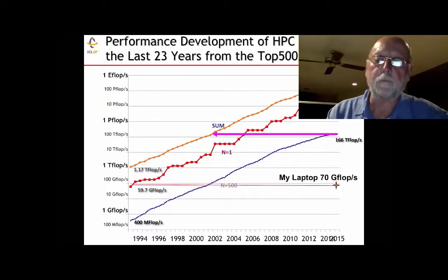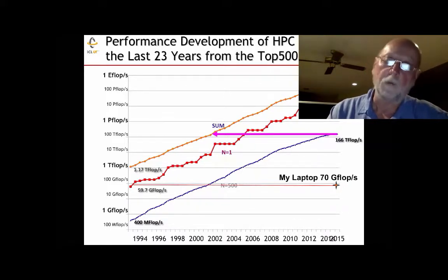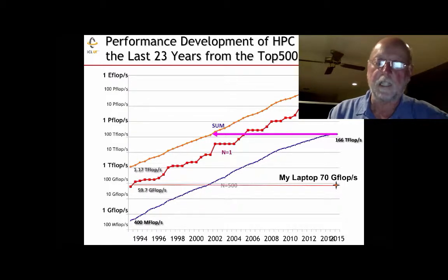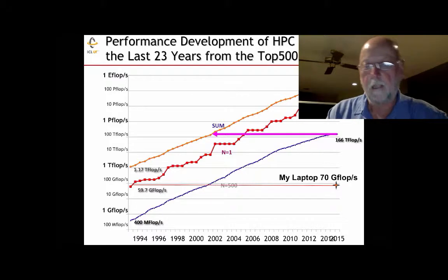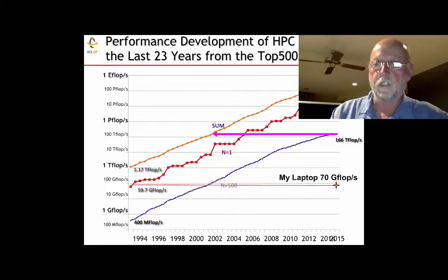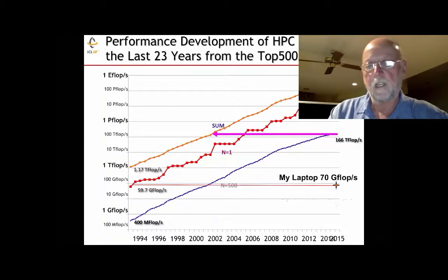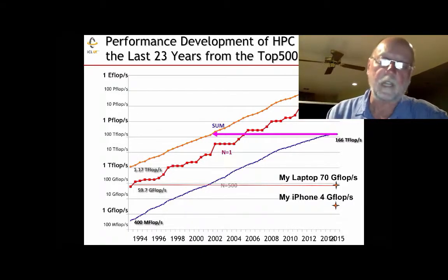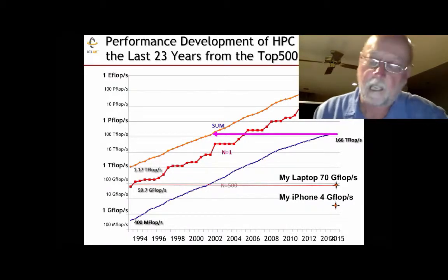And when we look at that performance, that's faster than the number one machine back in 1993. That number one machine in 1993 was a Thinking Machines CM-5, with 1,000 processors in it. So incredible changes have taken place in really quite a short period of time. And not only do we see that in our regular computers, but even in the devices that almost everybody carries with them.